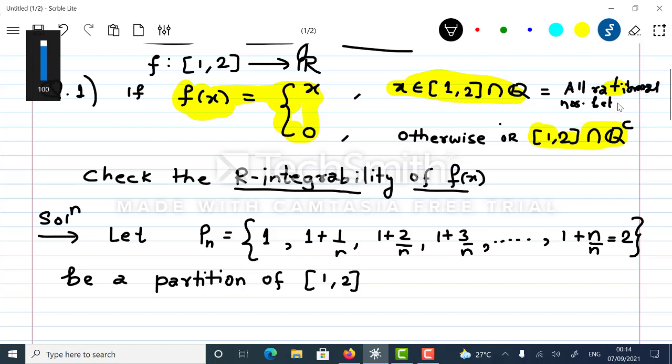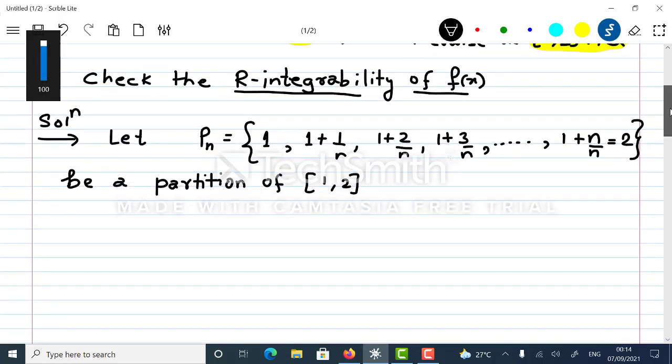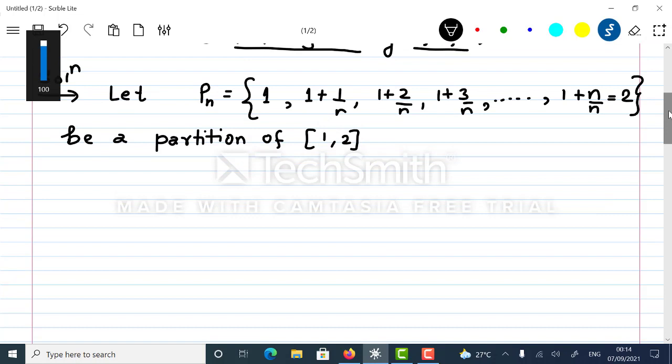Rational between 1 and 2, similarly all irrational between 1 and 2. I am not writing that, it is understood. Let Pn be a partition of the closed interval 1 comma 2.